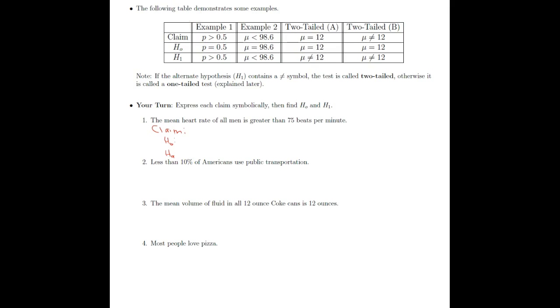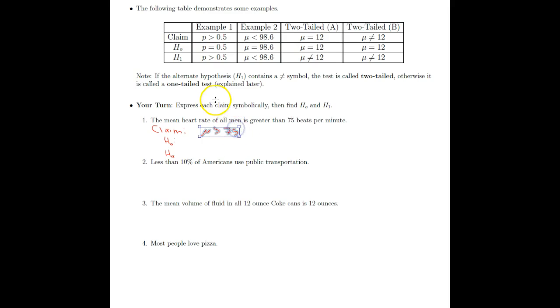So why don't you pause the video and go ahead and try it on your own, and then once you replay the video, you can see if your answers match mine. Okay, so the claim here I would write as: the mean heart rate of all men is greater than 75 beats per minute. I would say that is that mu is greater than 75.